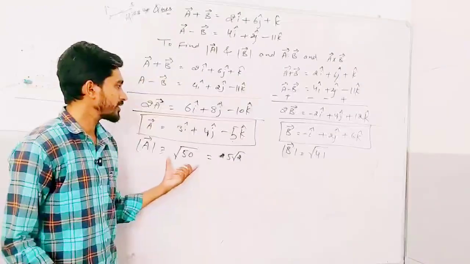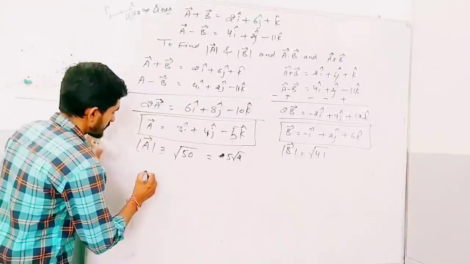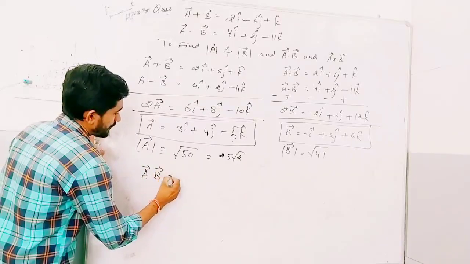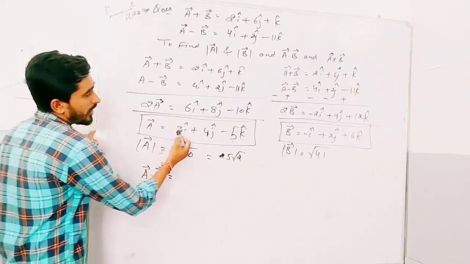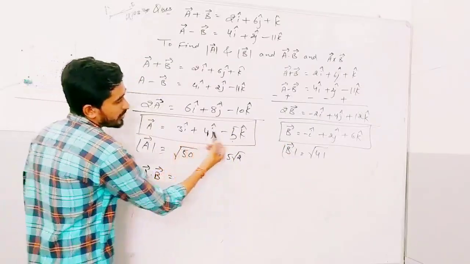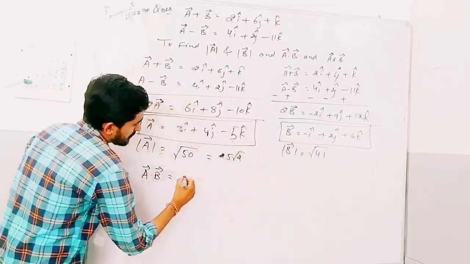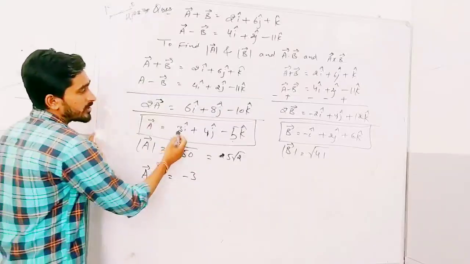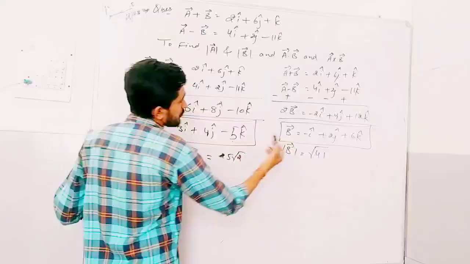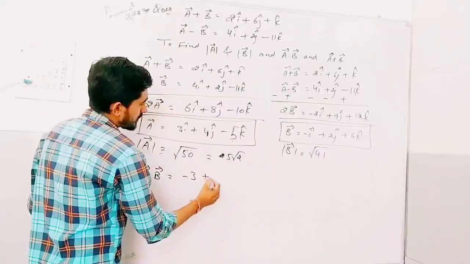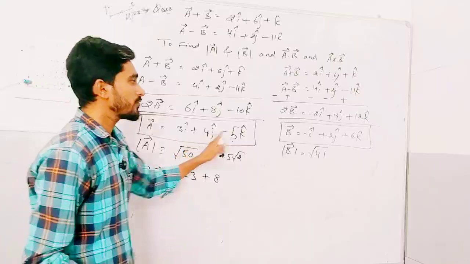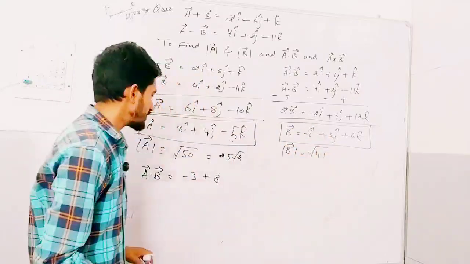We have to find A dot B. What is A dot B? So this is A vector, this is B vector. i dot i, this gives me minus 3. 3 into minus 1 gives minus 3. 4 into 2 gives 8.